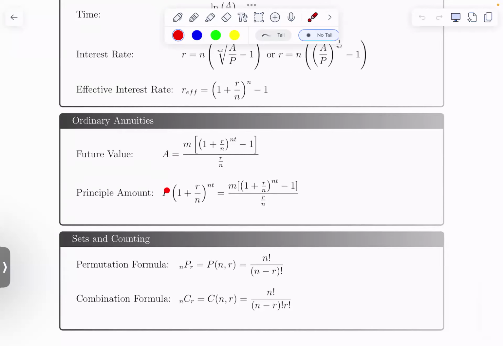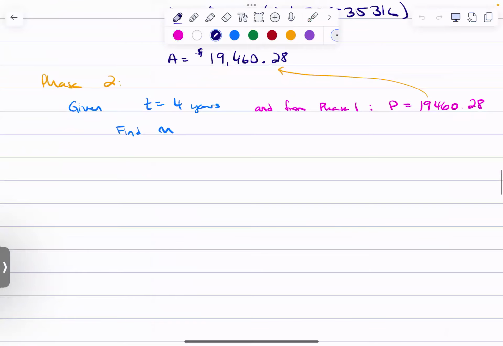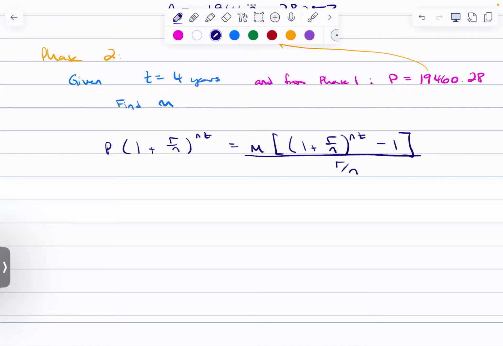I have P and I want to solve for M, which means that this is my only option. So I'll just write it out here. P times 1 plus R over N to the N times T is equal to M times 1 plus R over N to the N times T minus 1 divided by R over N.